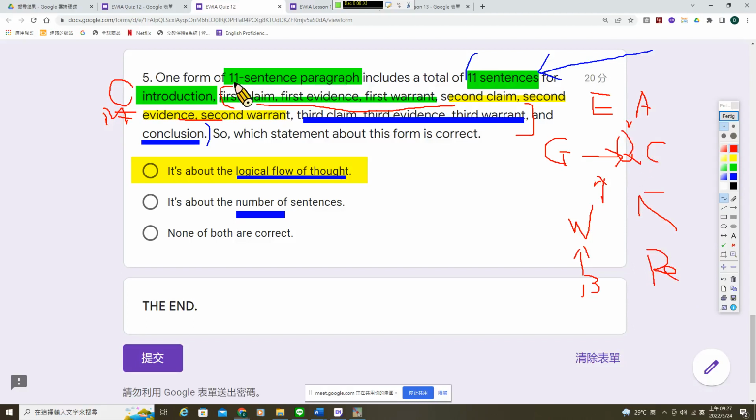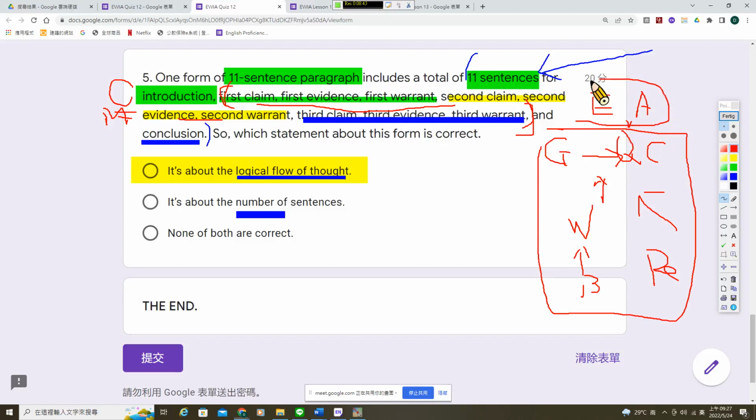So all the components, the body sentences here, can be dissected into this structure or this structure. But when we talk about the 11 sentence paragraph, we are using this.